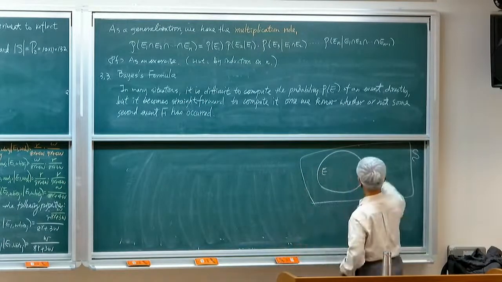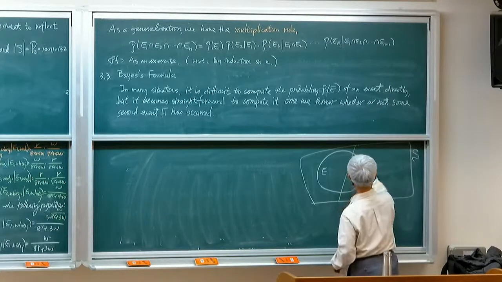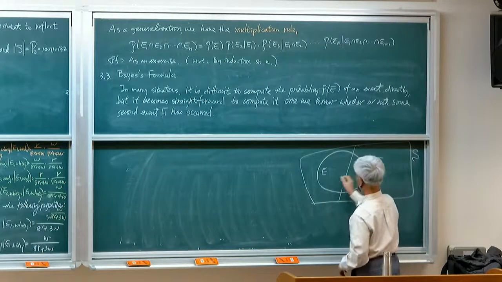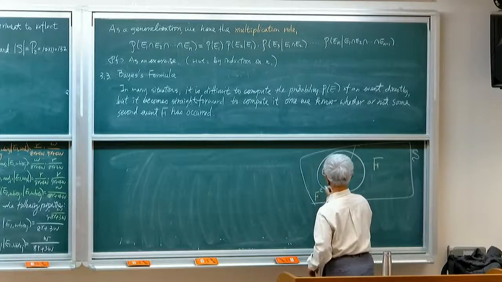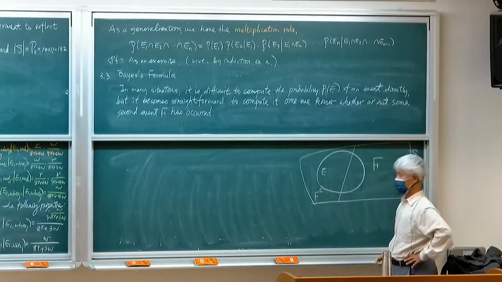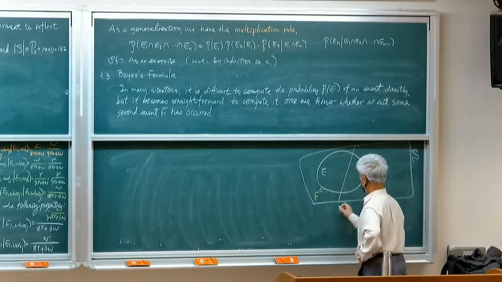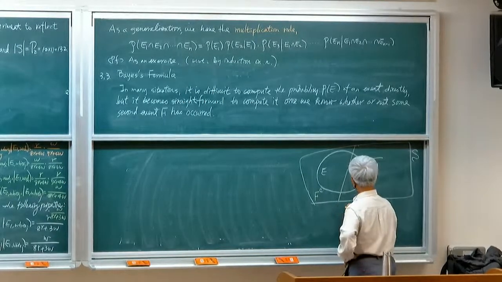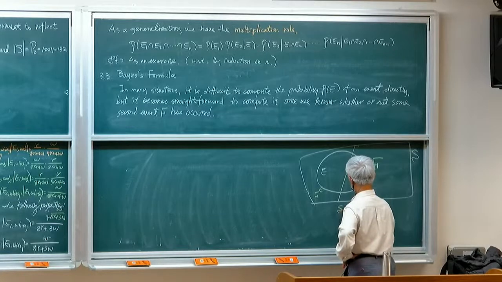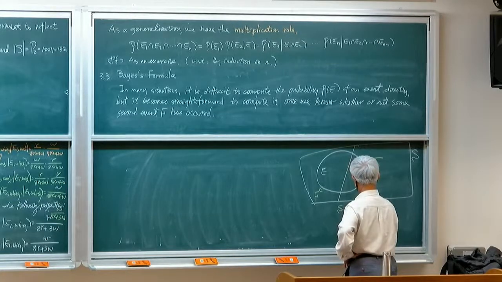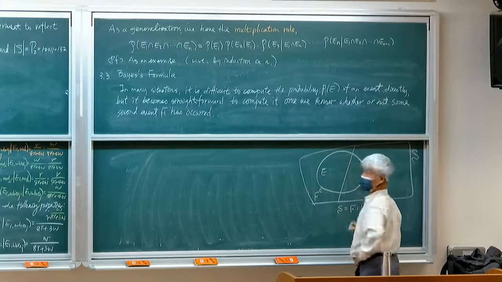If we know F, so this is F, and then this is F complement. So here S is equal to the disjoint union of F and F complement.